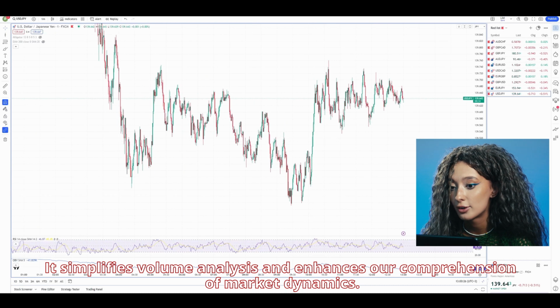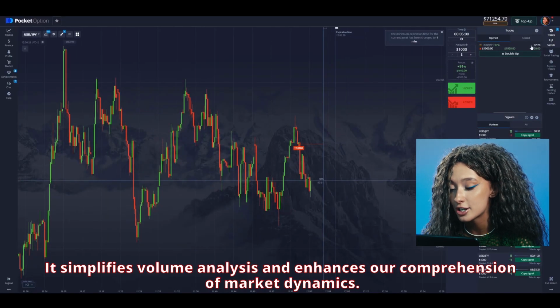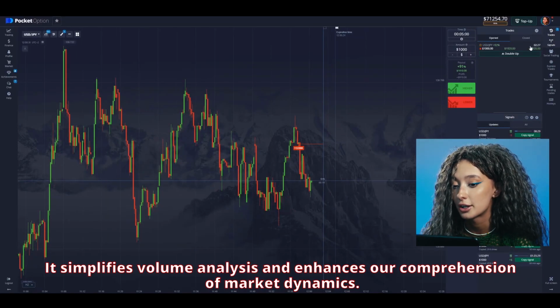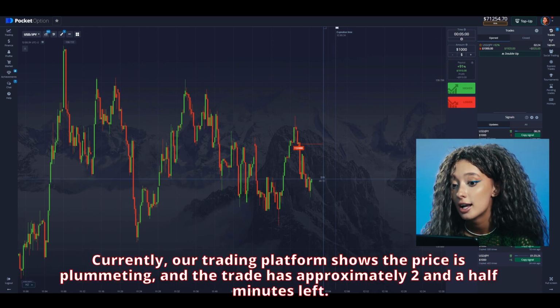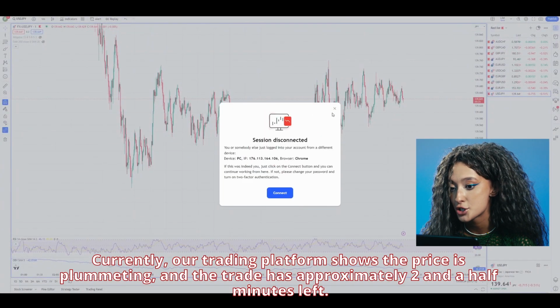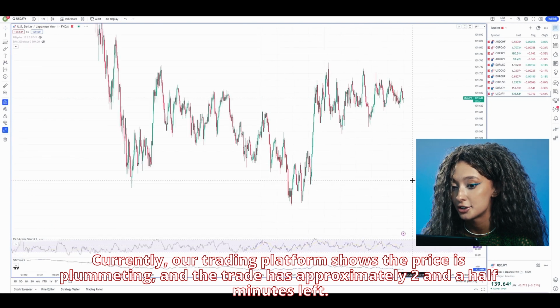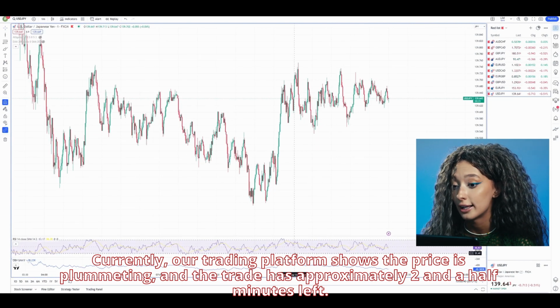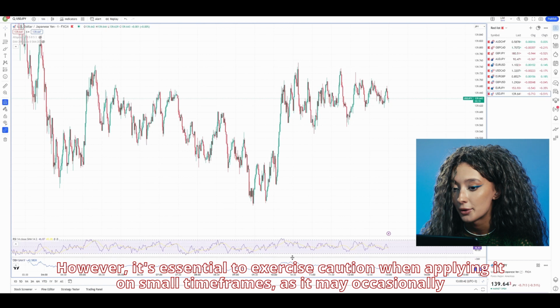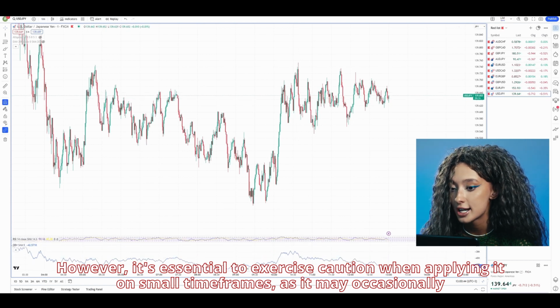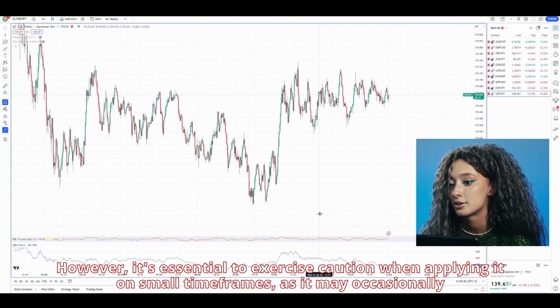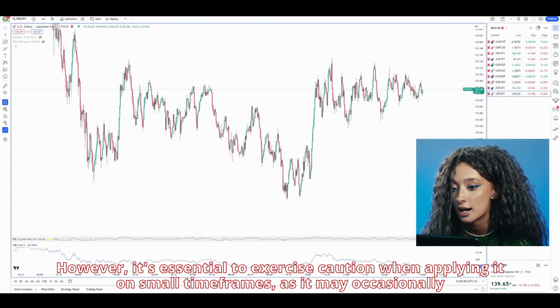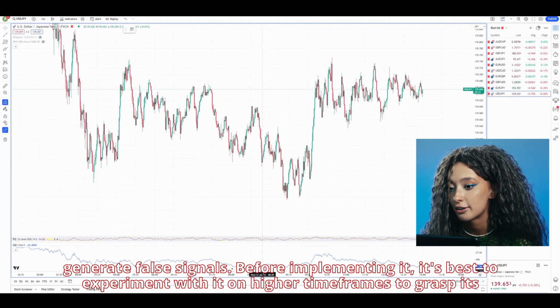It simply analyzes and gives us a comprehension of the market dynamics. Currently, our trading platform shows the price is plummeting and the trade has approximately 2.5 minutes left. However, it's essential to exercise caution when applying it on small time frames, as it may occasionally generate false signals.